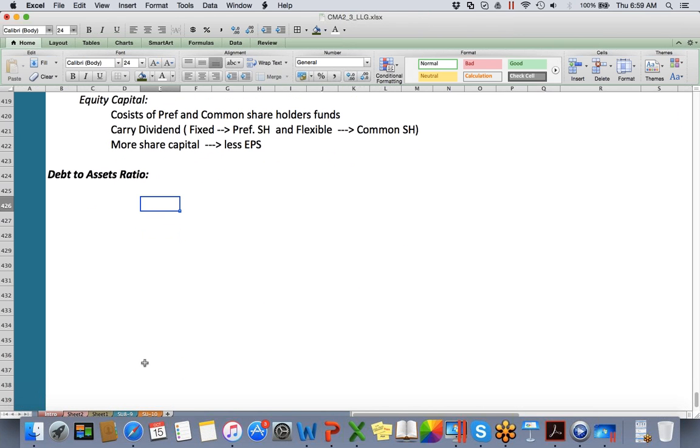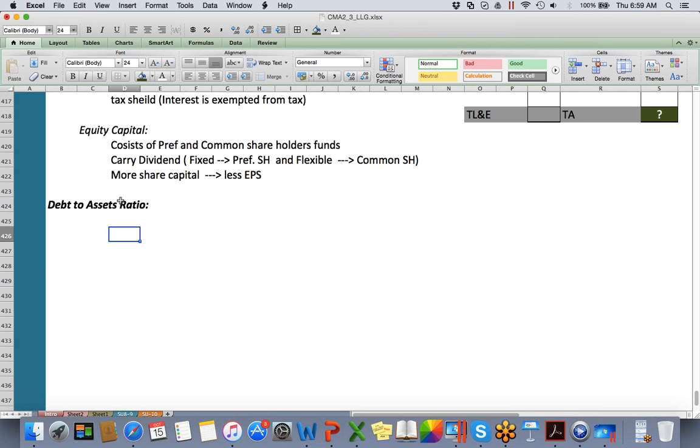In the solvency analysis, the first ratio is the debt to asset ratio, also called the total debt to total asset ratio.